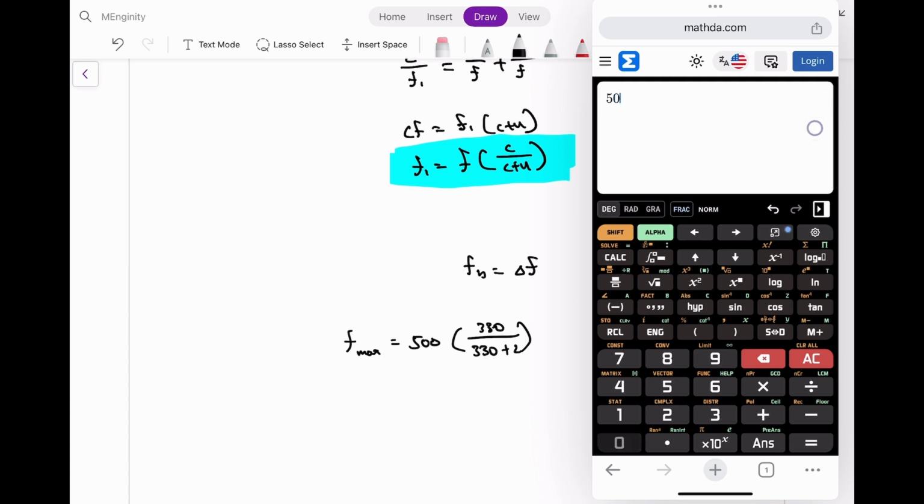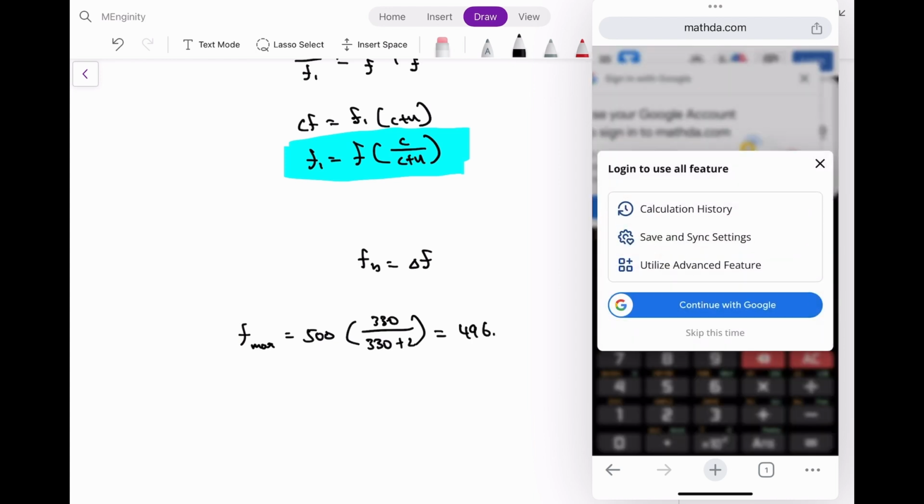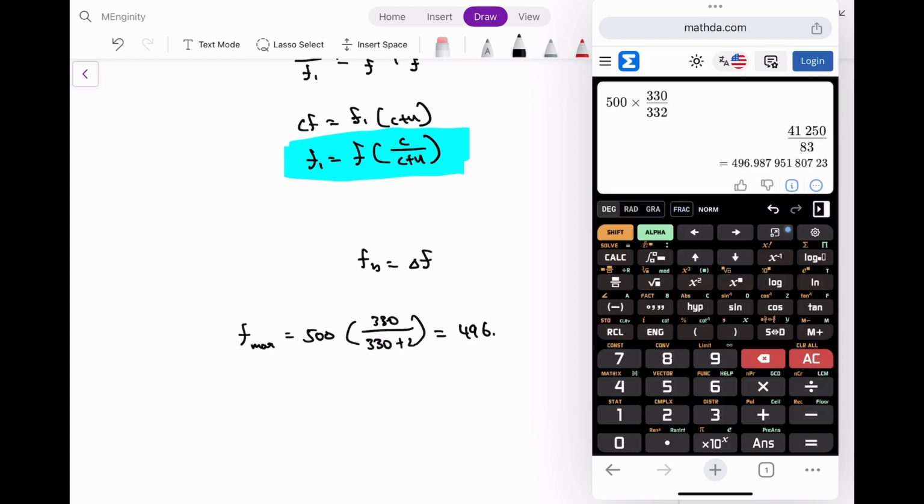So this is 500 times 330 over 332. So that is 496.988 hertz, to 3 decimal places.